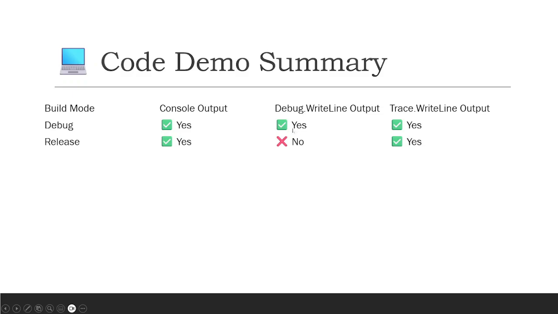There will be no output window in release mode, so whatever string you write in Debug.WriteLine can be visible only in debug mode. And for the Trace.WriteLine output, yes, in both modes you can see the Trace.WriteLine output displayed.